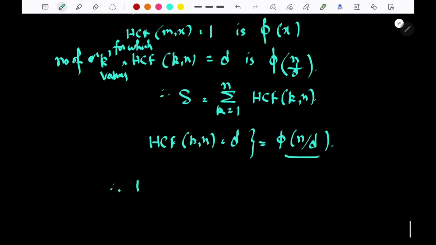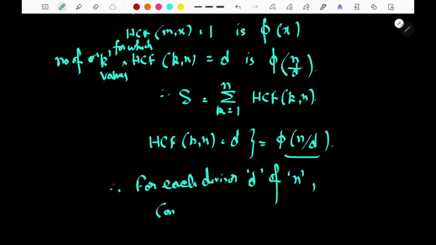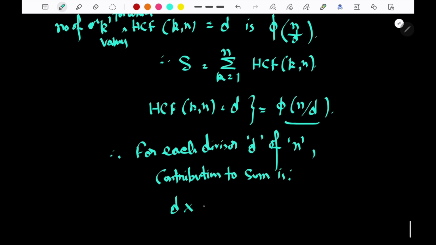So therefore for each divisor d of n, contribution to sum is d into number of times d appears in HCF.